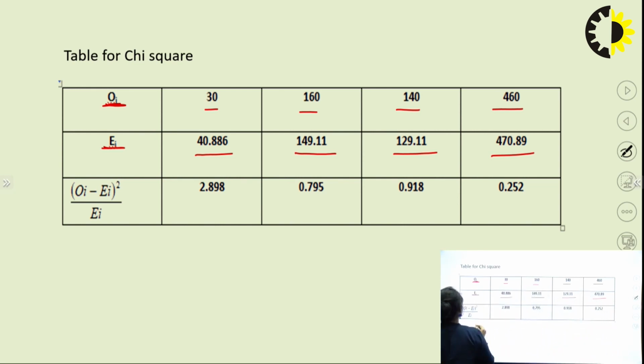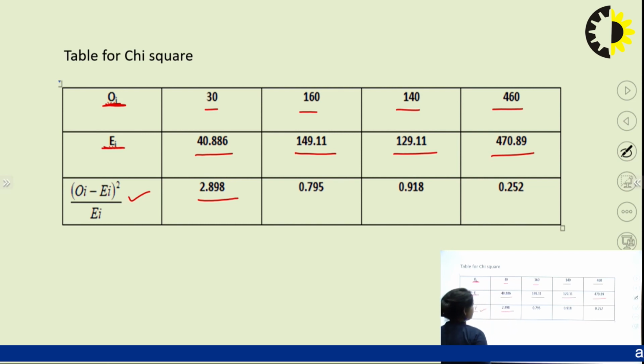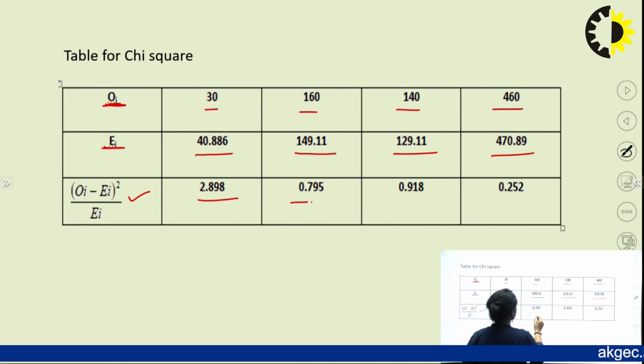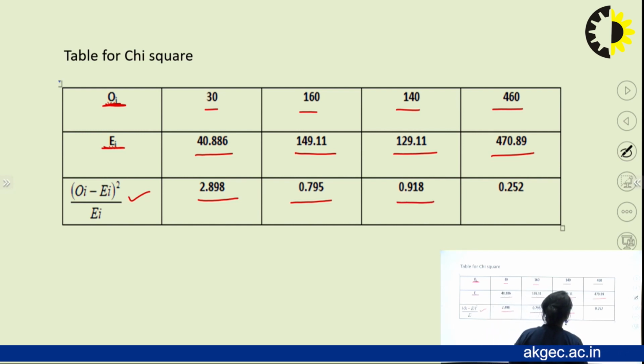So we have OI minus EI whole square divided by EI as 2.898, then 0.795, then 0.918 and in the end 0.252.